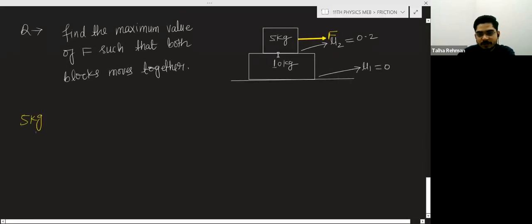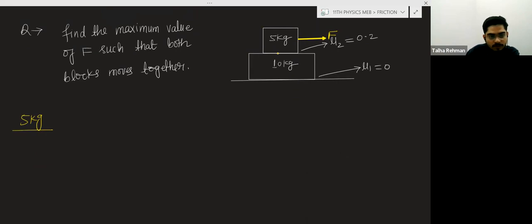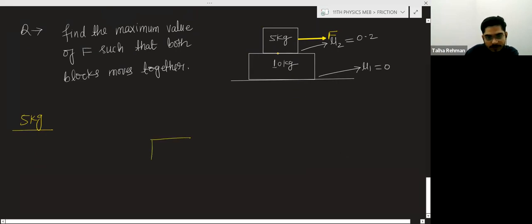So this is a 5 kg block. On this 5 kg block there will be the weight of the block, 5g, and there will be the normal reaction N1 on the 5 kg block due to the surface of this 10 kg block, and a force F in this direction.